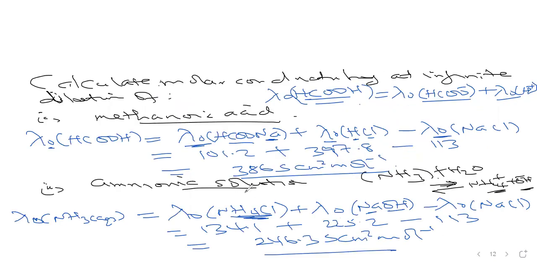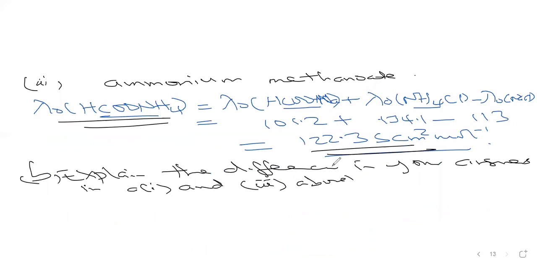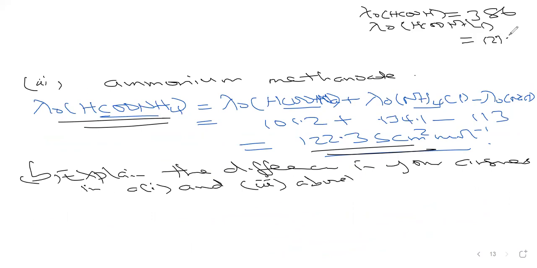Roman 1 was the molar conductivity of methanoic acid. So molar conductivity of methanoic acid at infinite dilution is which value? The value we have calculated is 386. Let me leave the units for now. That of ammonium methanoate is 122.3. So they want you to explain that difference.